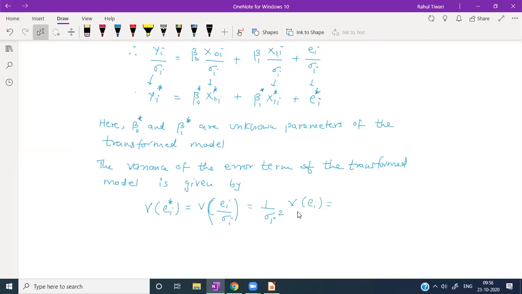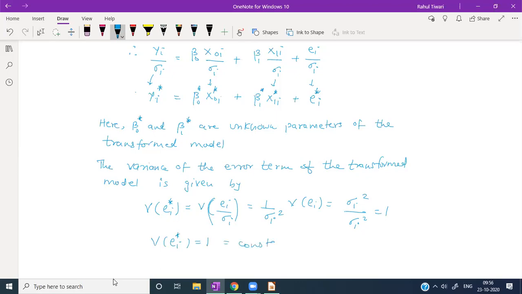But what is the variance of Ei? It is sigma i square upon sigma i square, which is equal to 1. So what we found is that the variance of Ei star is now equal to 1. That means your variance becomes constant.